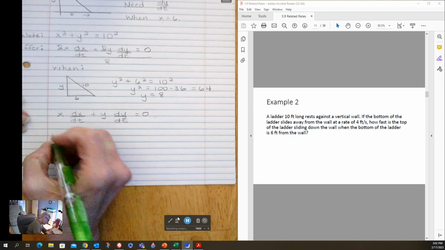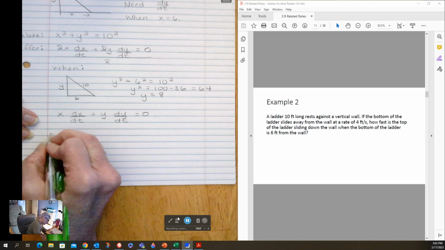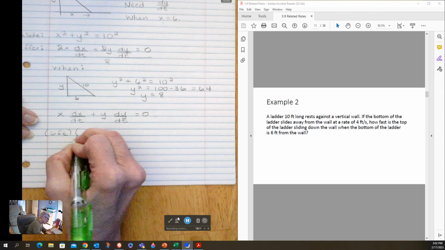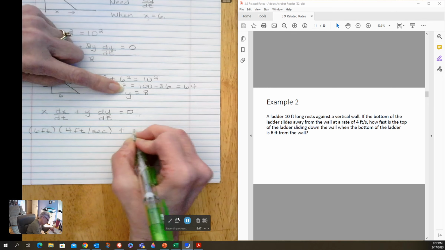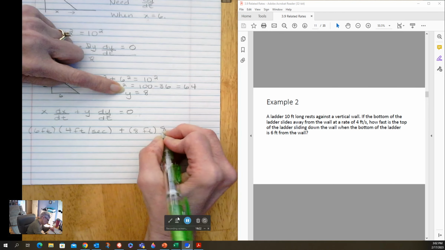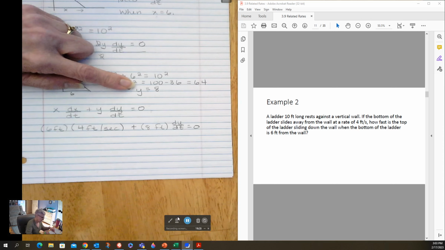So x is 6 feet times 4 feet per second plus y is 8 feet dy/dt is equal to 0.